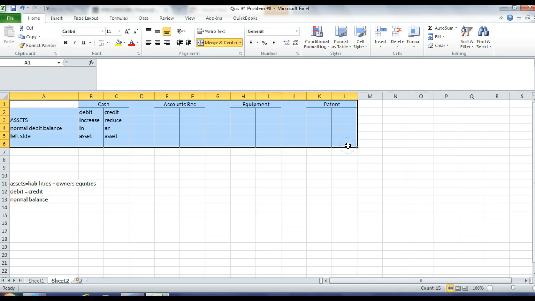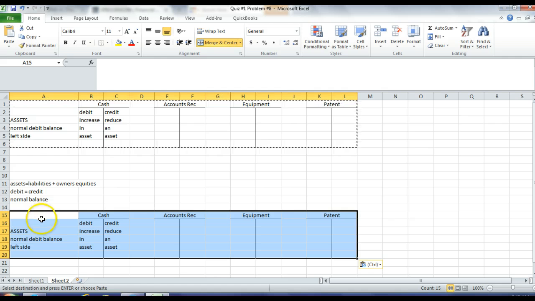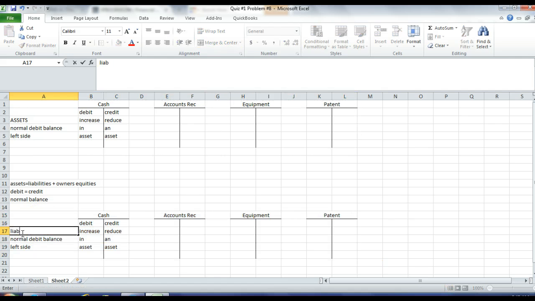Now, in the same respect that we're talking about assets here, let's take a look at liabilities. A liability has a normal credit balance.